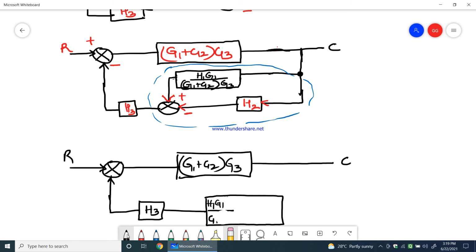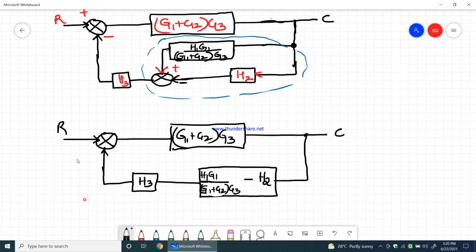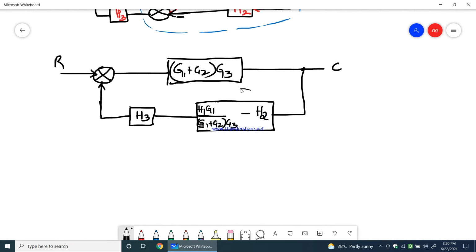There is a minus symbol here, therefore it is minus H2, and it is given from here. Now if you see this, both are in series, so you can multiply these two.